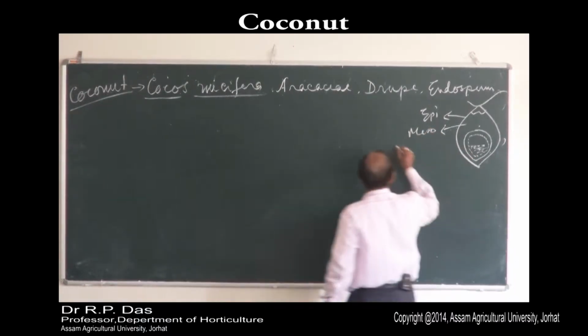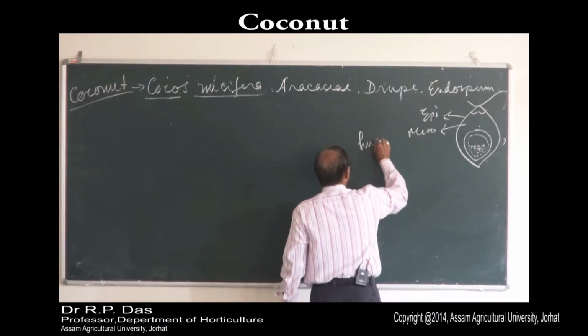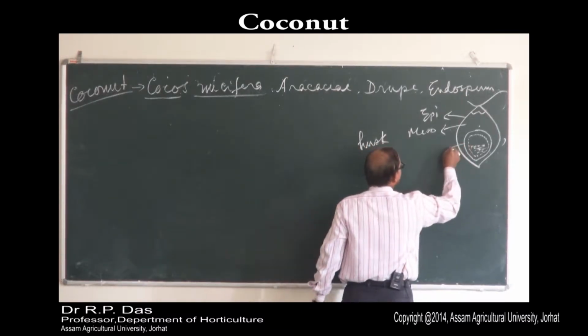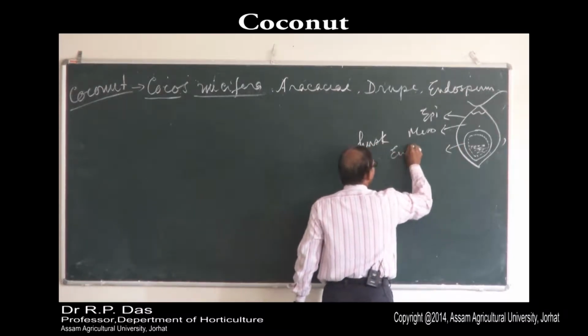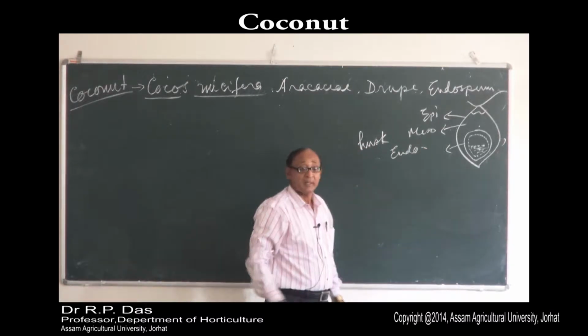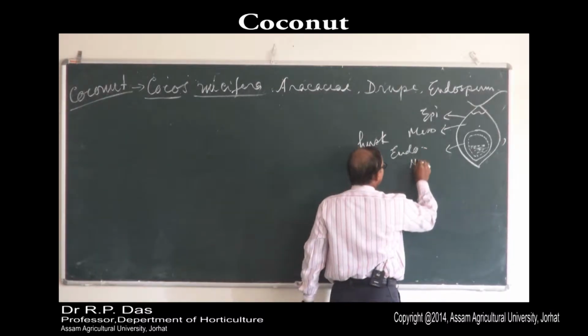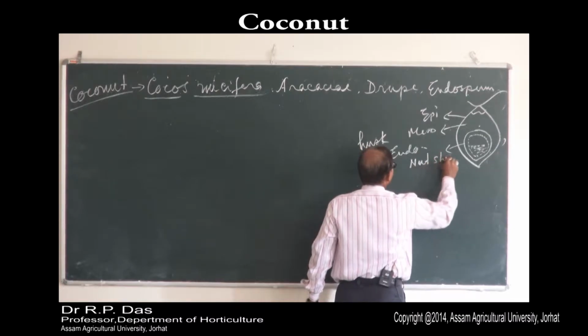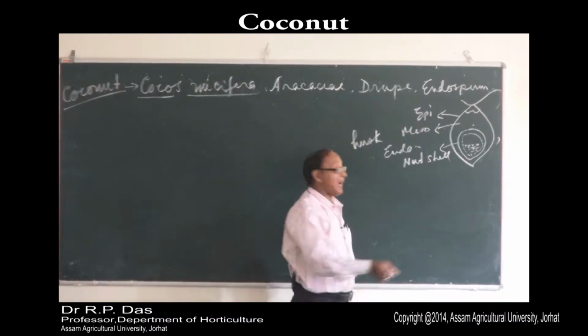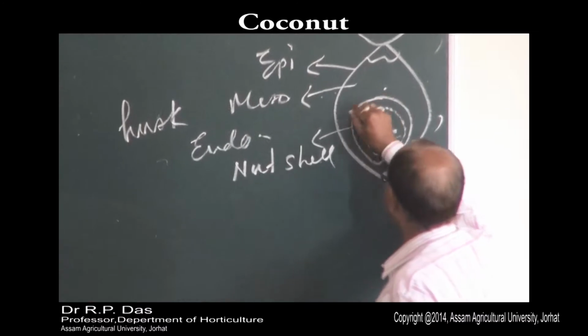Mesocarp is the fibrous husk. And this is the endocarp, that is the nutshell. That is a hard stone-like structure.